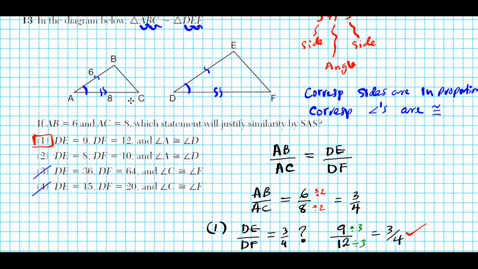Since we're doing SAS, we must look at the angle that's between the sides with the given measures that we're using to establish proportionality. So 3 and 4 should be eliminated from the options. Answer is option number 1.